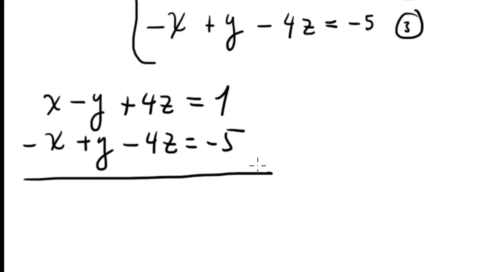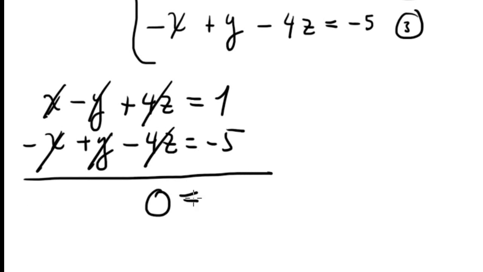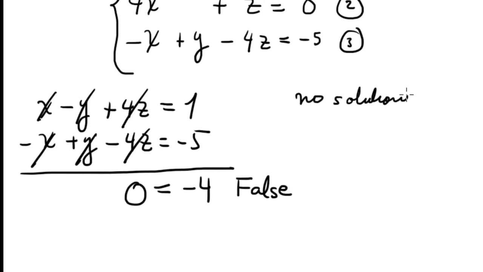When you apply elimination, you see 0 is equal to negative 4. At least when you have one contradiction, the interpretation is that this system has no solution. This system is inconsistent.